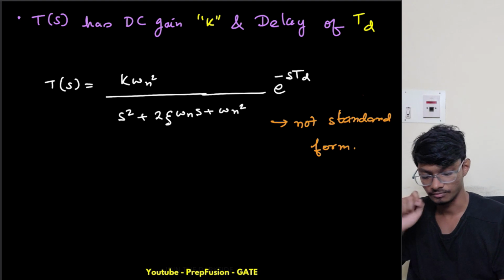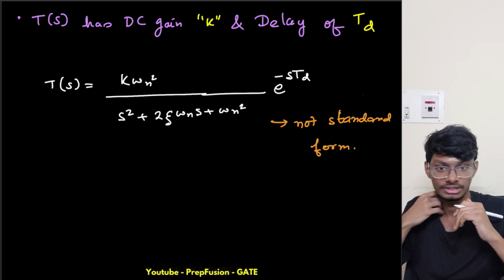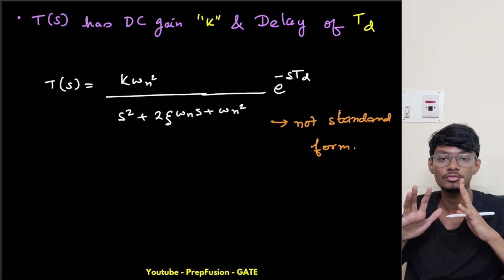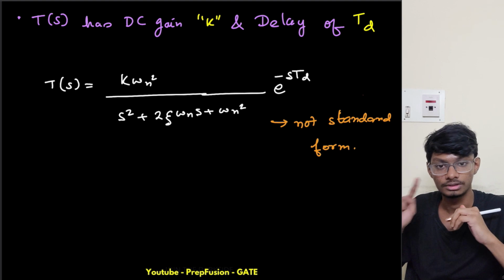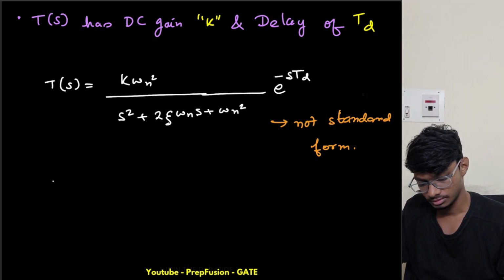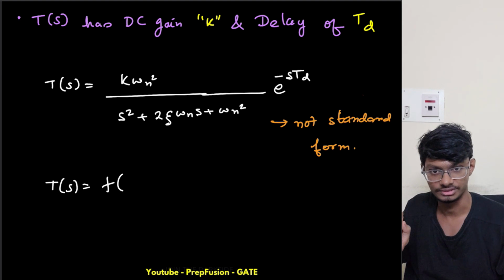Not standard form. But I gave you a few questions, and in those questions they were not standard, so it may so happen my transfer function isn't in standard form. So what you do, you convert that into standard form, then you solve, right? My transfer function will be a function of all of these things, so you have to take care of all of them.